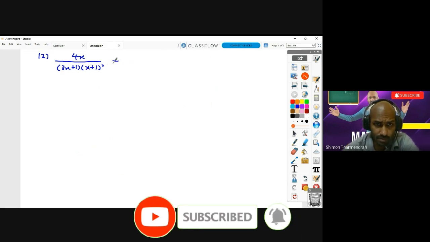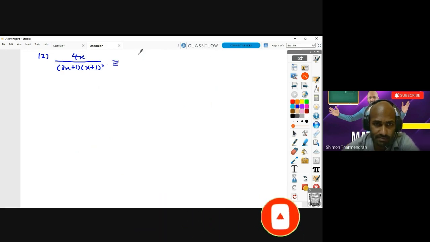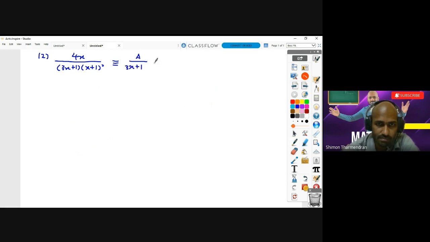If you want to break this up into partial fractions, this becomes A over (x plus 1), plus B over (3x plus 1)... and you're going to turun until you reach the (x plus 1) squared.